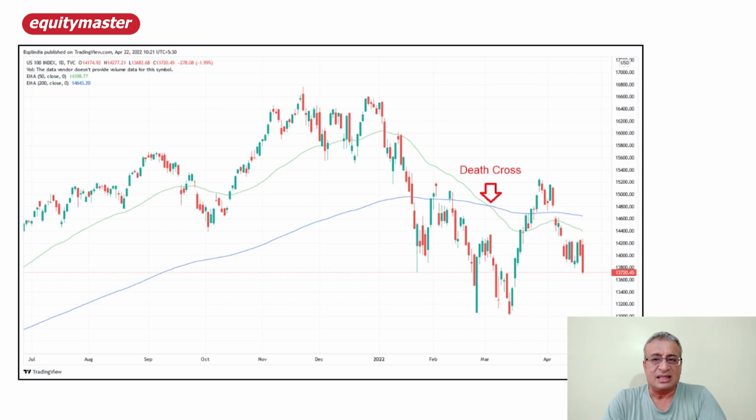What it basically says is that the price is headed lower, and in a waterfall fashion the averages are cutting down. The opposite of that is the golden cross, when the 50-day moving average cuts the 200-day moving average upwards. But this is downwards, so it is called the death cross. As the name itself suggests, the implications are bearish.